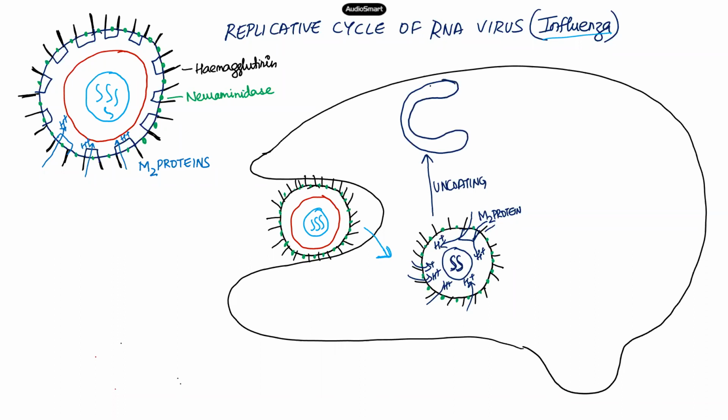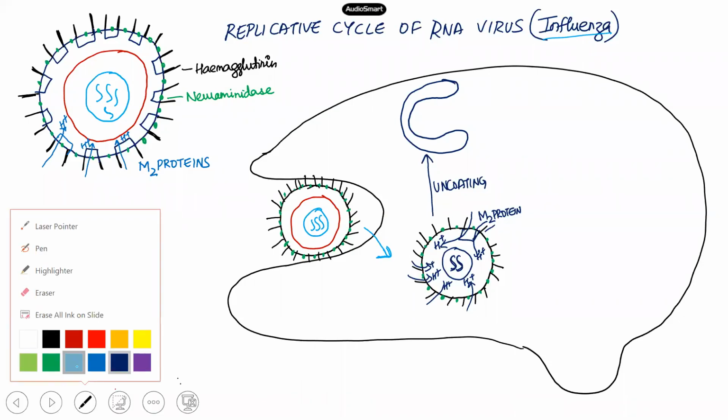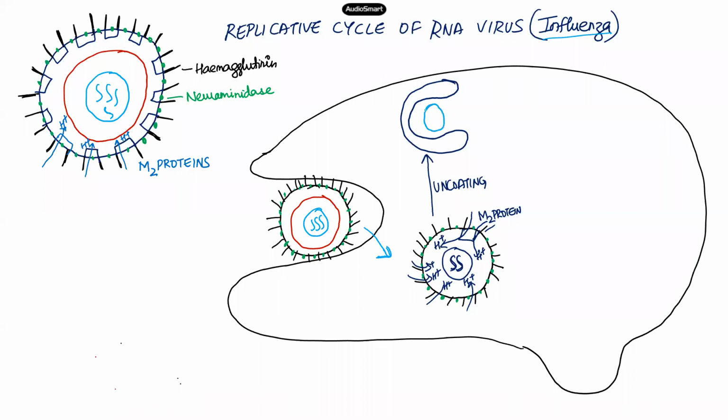So look at this, the capsid layer and the other layers are removed, and what remains is your core genome containing the genetic material. So this is called the process of uncoating. And how did it proceed? It proceeded with the help of M2 proteins that caused the influx of proton, which caused uncoating. Now, this uncoating process will result in the genetic core being taken inside the host nuclear area.